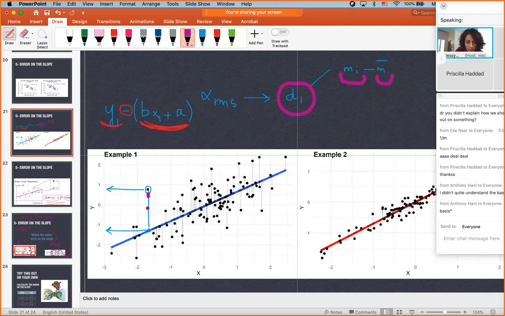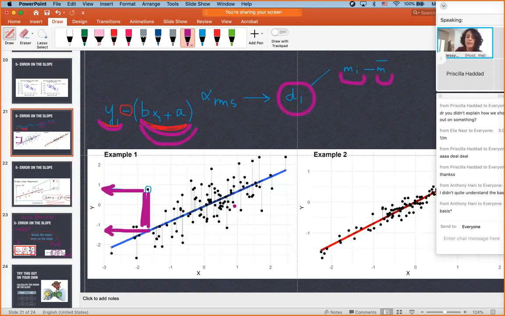So to find how far away this point is, I'm going to take the ordinate of this point and the value of the straight line. This is the ordinate of the point, and this is the value of the straight line. I'm going to calculate this one and calculate this one and find the difference. The difference will be how far away the point is from the straight line. And to be honest, the straight line is your average, isn't it?